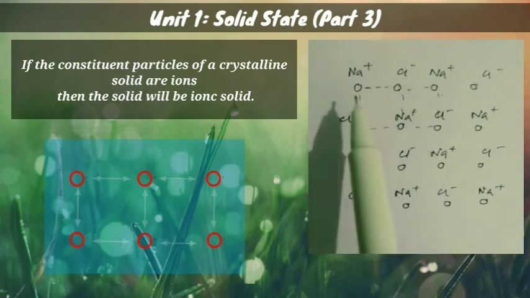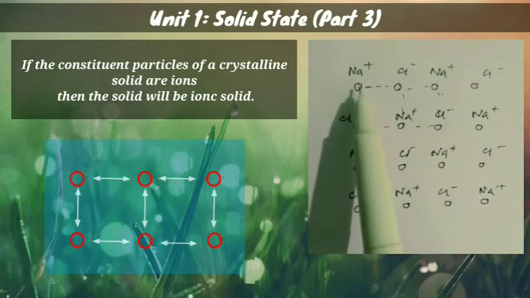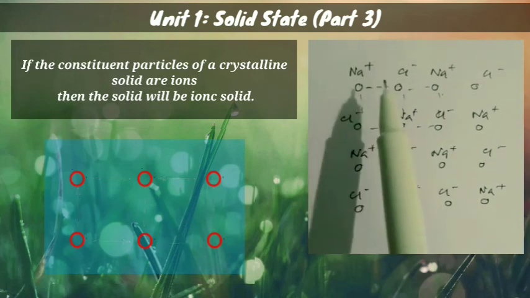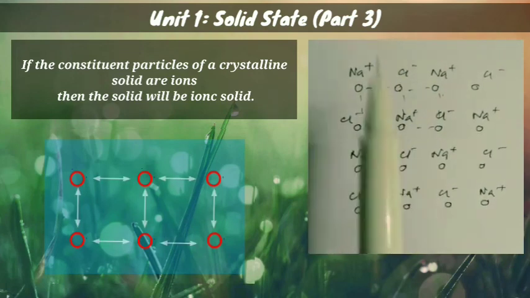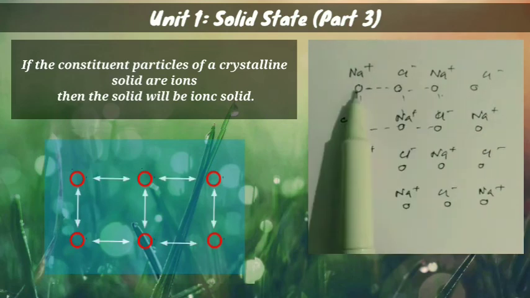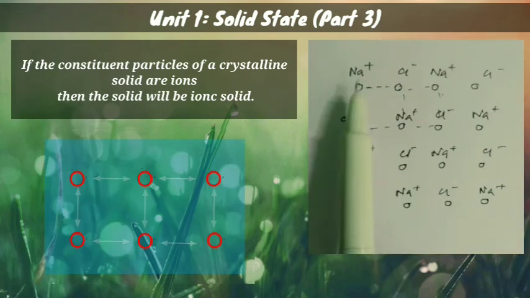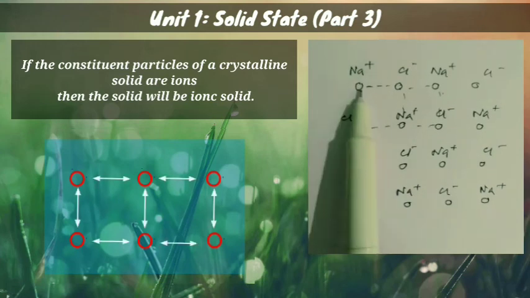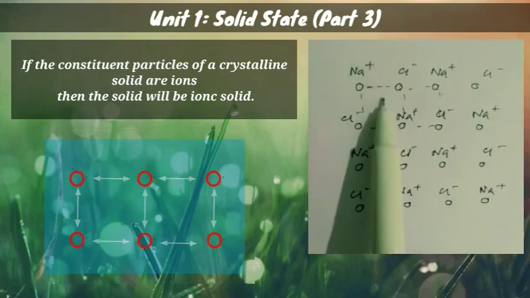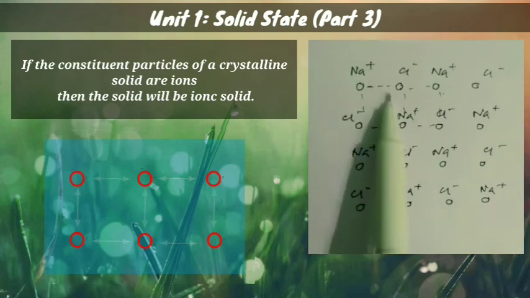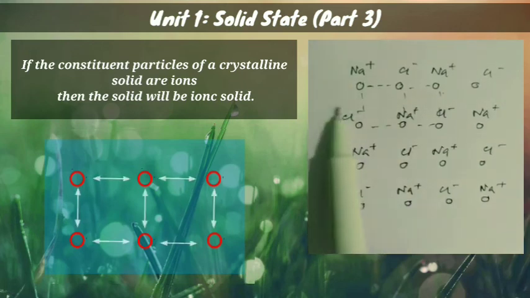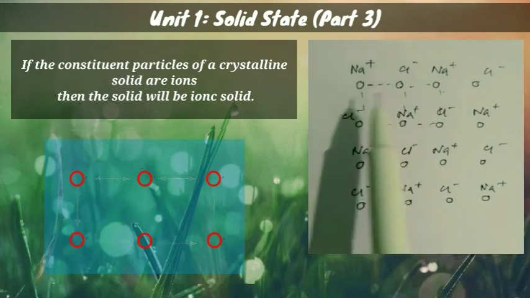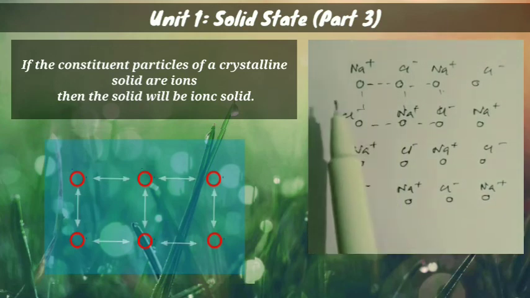We have already discussed that the constituent particles cannot move freely in a solid state, so these ionic solids will not conduct electricity. But when we melt them, in the molten state of this solid, they can conduct electricity.